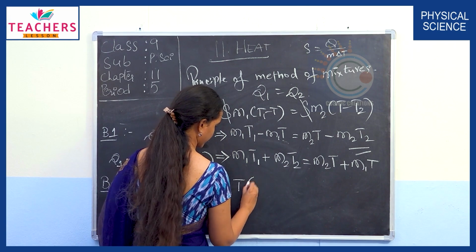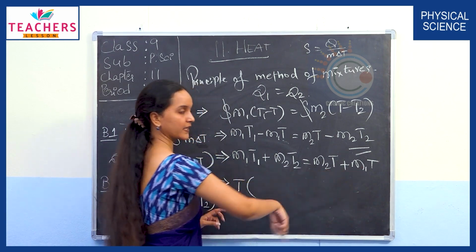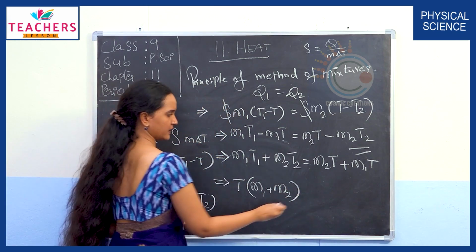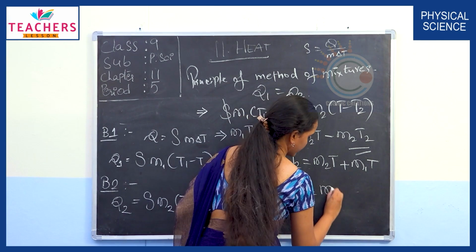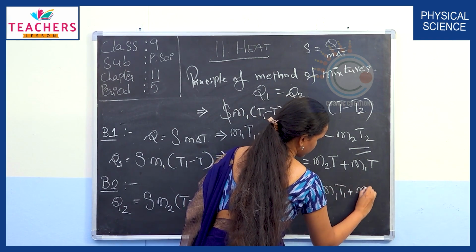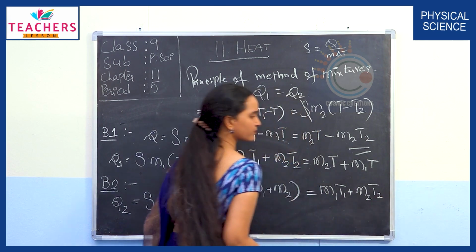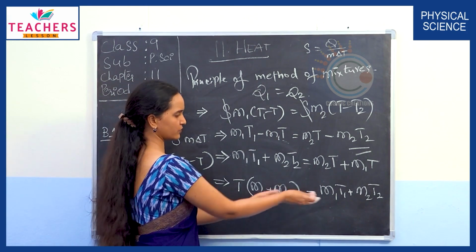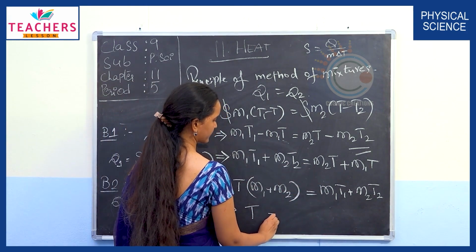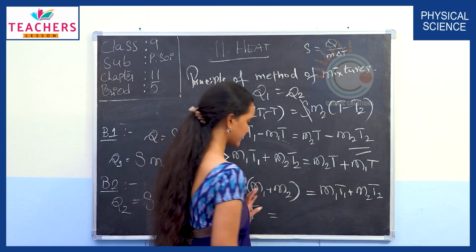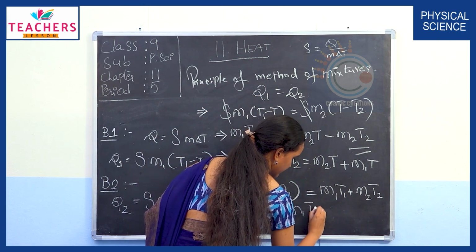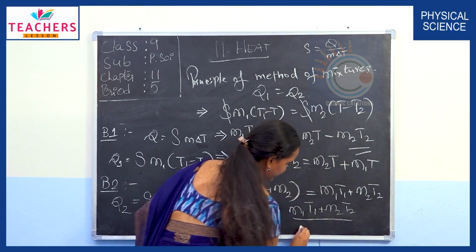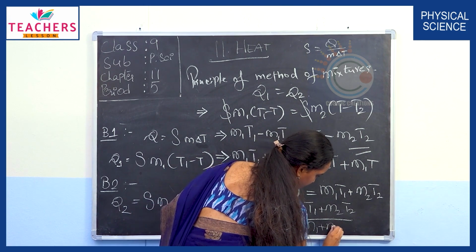T is common. What is remaining? M1 plus M2 is remaining, equals M1 T1 plus M2 T2. We are interested in finding the temperature T, so you can send this to the other side. T equals, this is in multiplication here, if it goes to the other side it becomes division: M1 T1 plus M2 T2 divided by M1 plus M2.